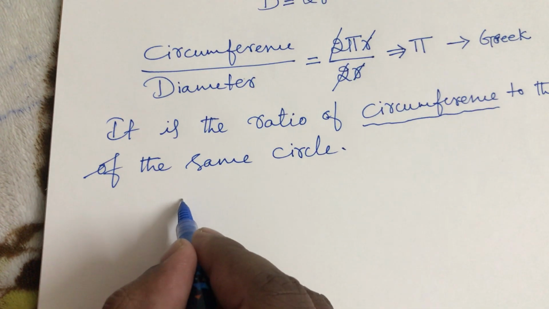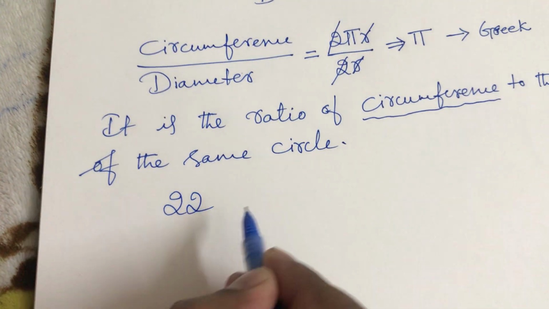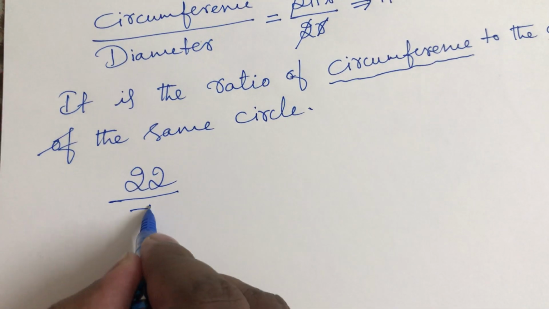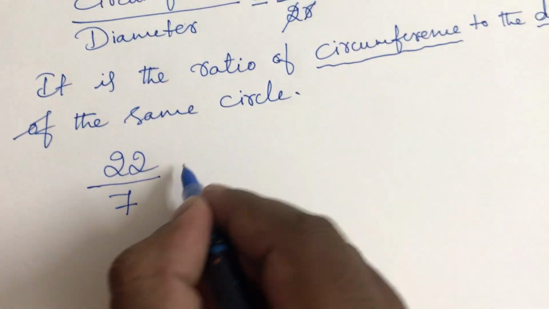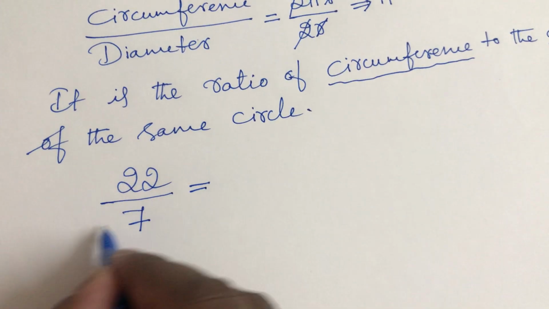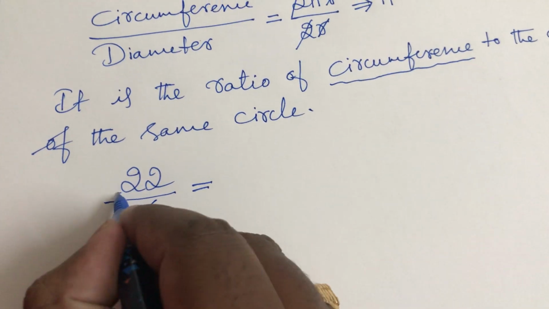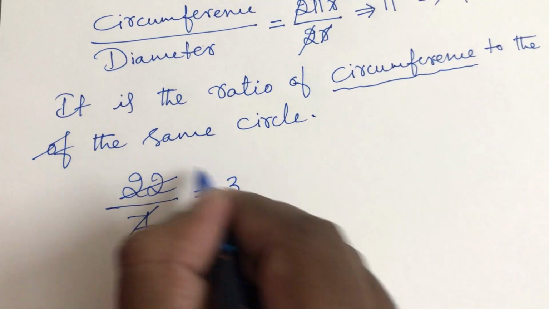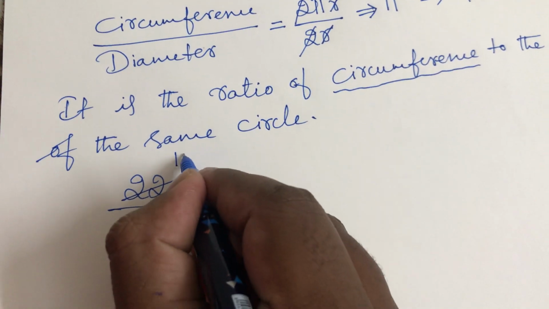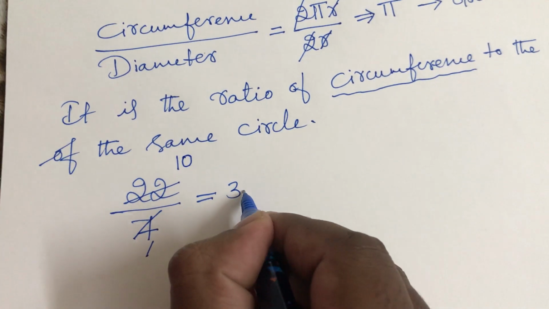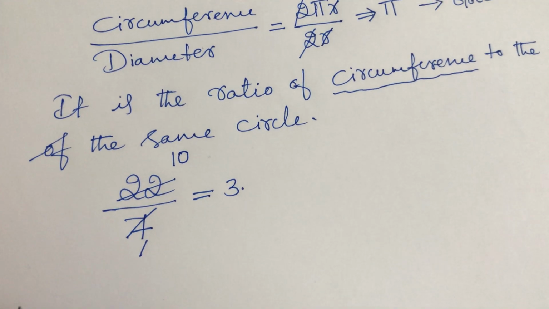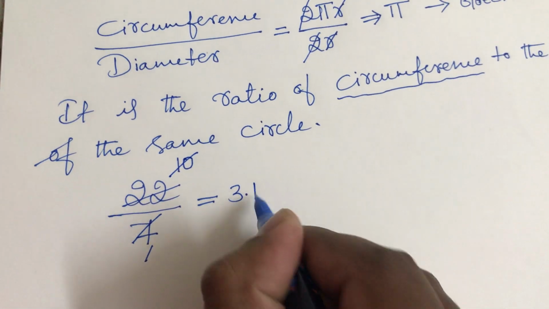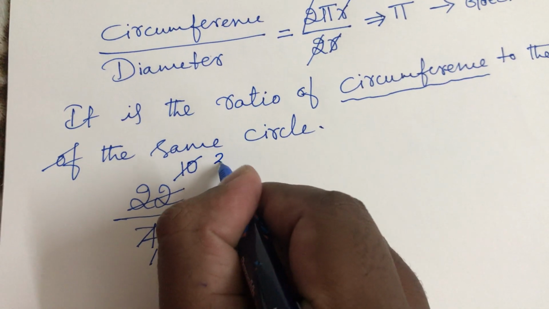So I can say that if the circumference of the circle is 22, then its diameter is 7. In general I'm taking this. If you simplify, 7 ones are 7, 7 threes are 21, so 1 is left out. I'll make it 10 by adding a decimal point here. 7 ones are 7, so again 3 is left out.